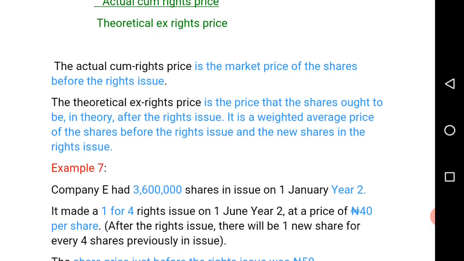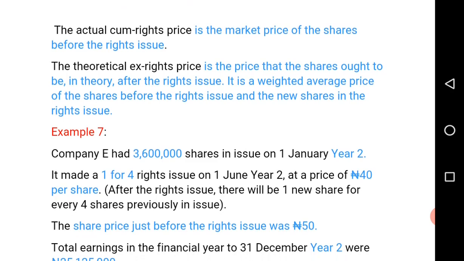We have example 7. Company E had 3,600,000 shares in issue on 1st January year 2. Note the year, note the number of shares, note the amount per share. And it says it made a 1-for-4 rights issue.